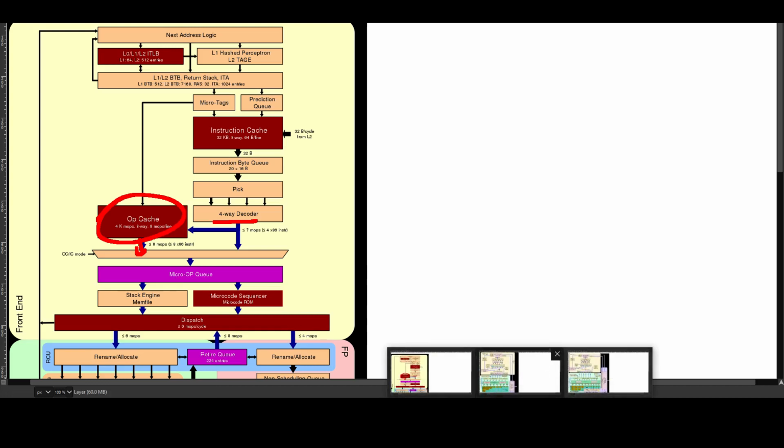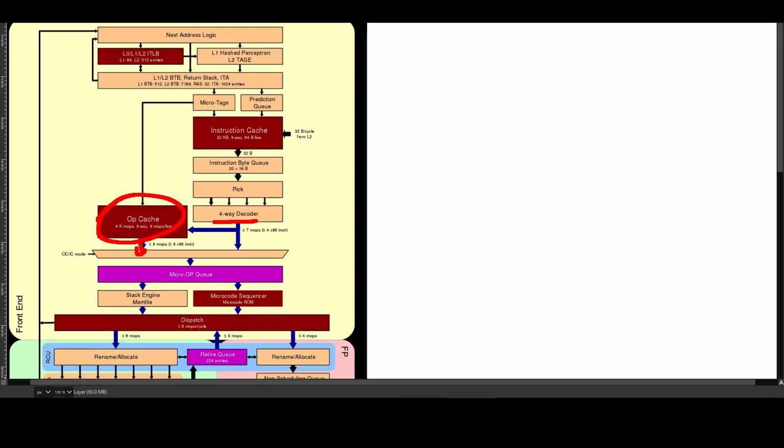So while this is something that Skylake and Sunny Cove can do as well, in these cases, again, Zen is going to come out ahead because of its wide backend. The backend can take more instructions, more micro ops, because it has more execution units and it can get through more math.